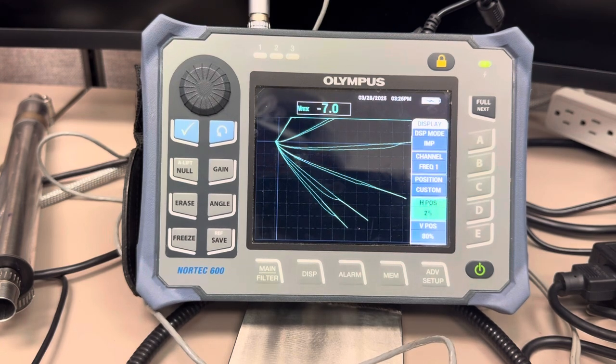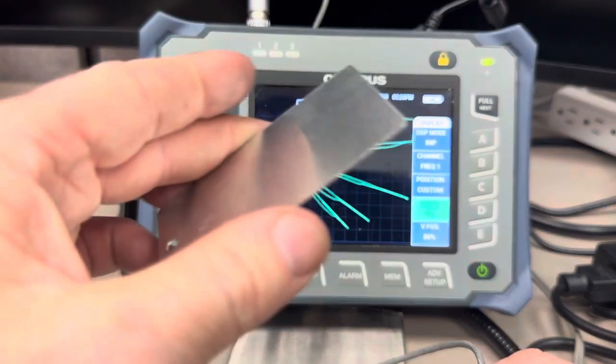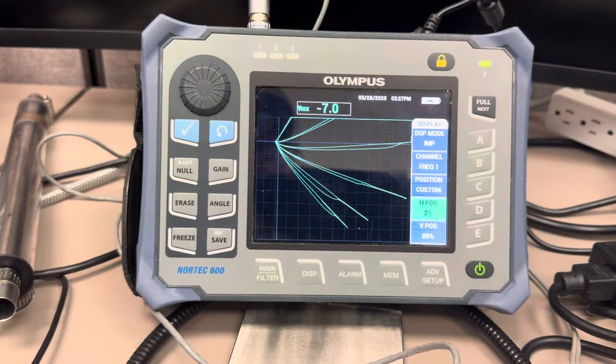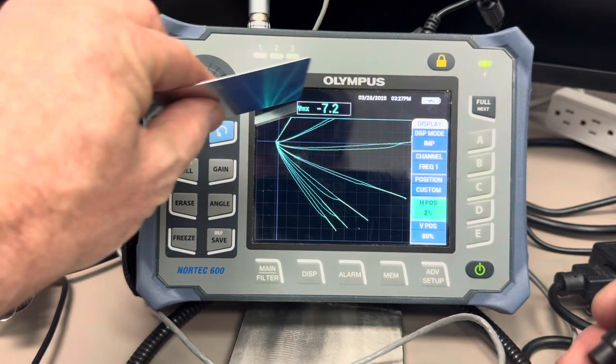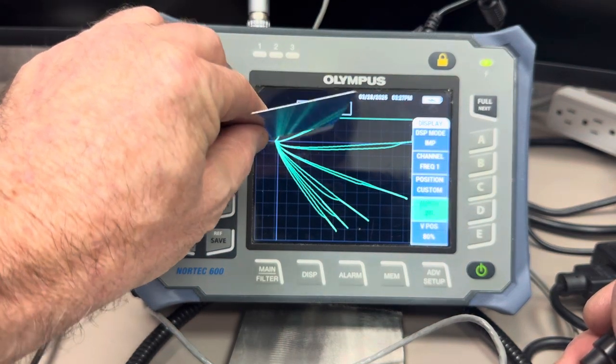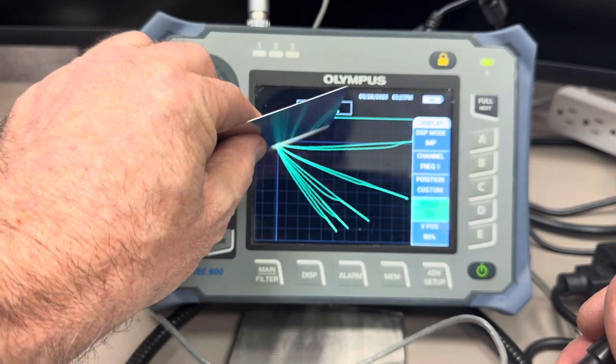Okay, looks like I have to get some more shims out of my bag. Adding another one. Just from seeing that, we know we're not infinitely thick yet, because increasing the thickness of the aluminum is still making a change on our screen. But notice the impedance phase angle difference from the first shim to the second shim.